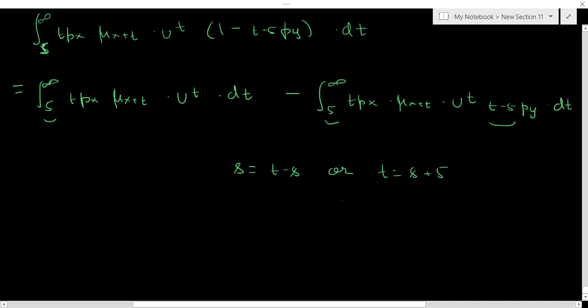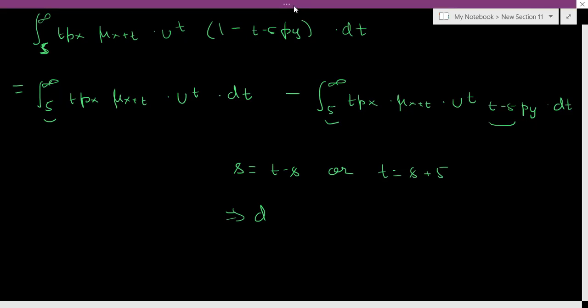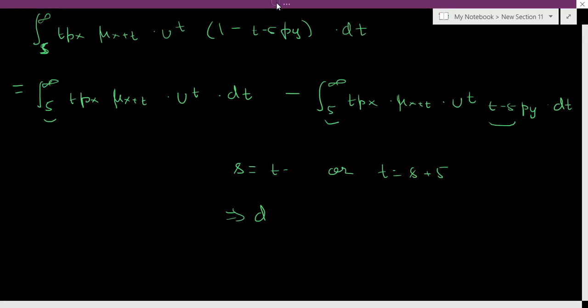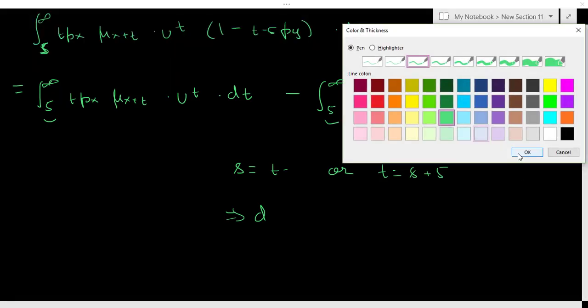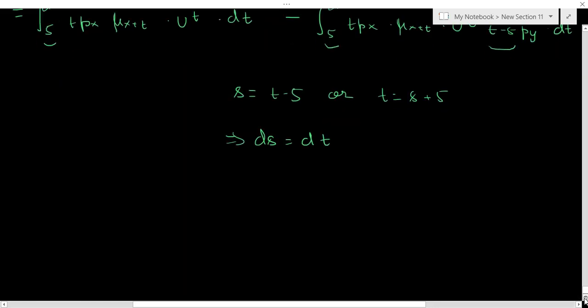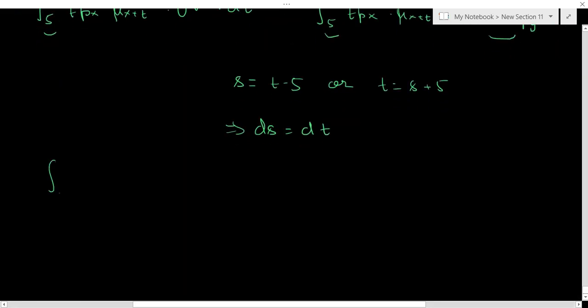If I differentiate on both sides, ds would be equal to dt, right? So that stands. Now the limit will change. Instead of 5 we'll have 0 to infinity.